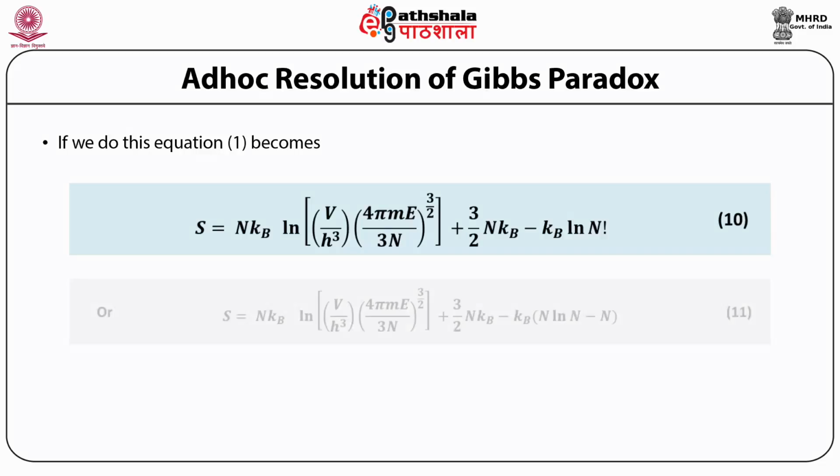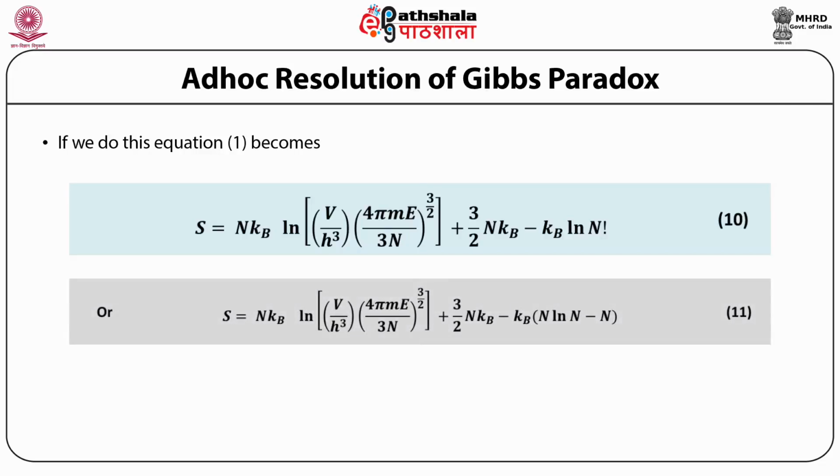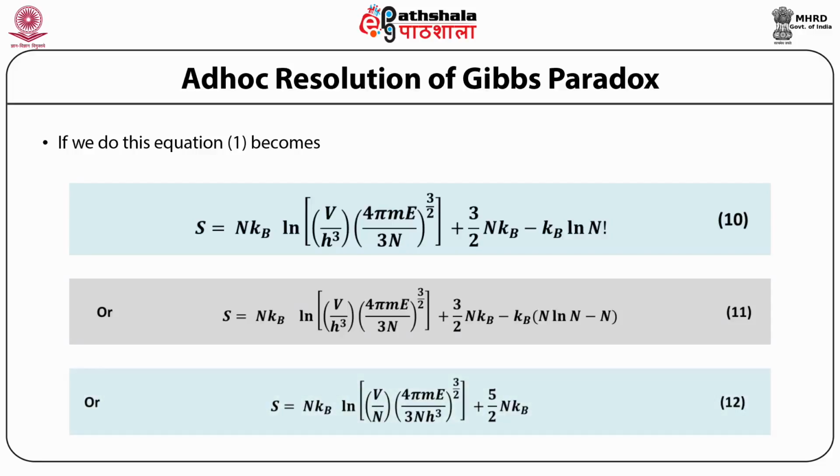Or S is equal to N Kb log of V upon h cube multiplied by 4 pi m E divided by 3N raised to power 3 by 2, plus 3 by 2 N Kb, minus Kb N log of N minus N. Or S is equal to N Kb log of V upon N multiplied by 4 pi m E divided by 3N h squared raised to power 3 by 2, plus 5 upon 2 N Kb.